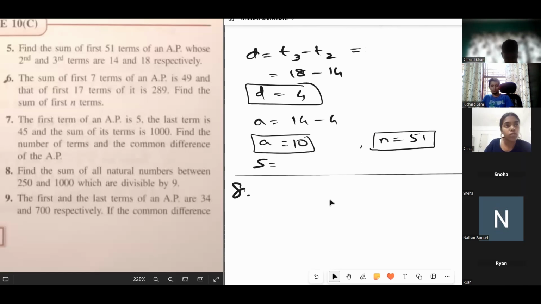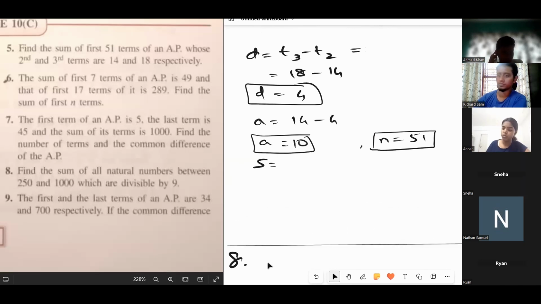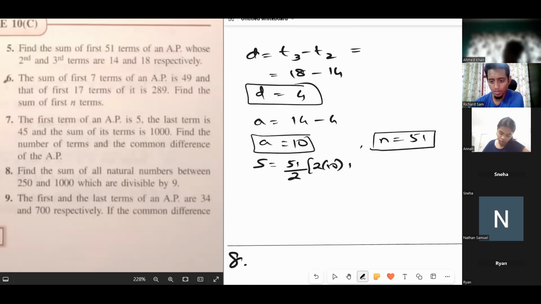Hello. I got 10710. 10710. Let's see. So 51 upon 2 into 2A plus 50 into 10.